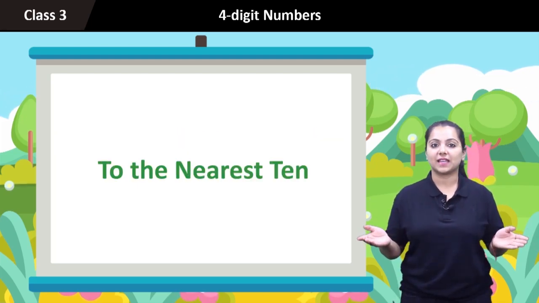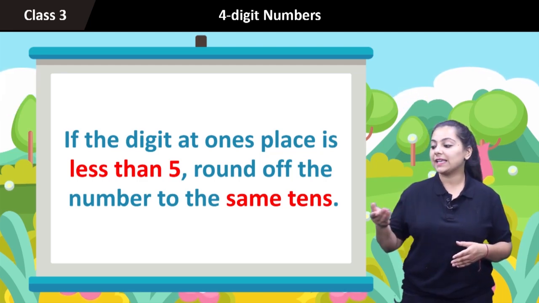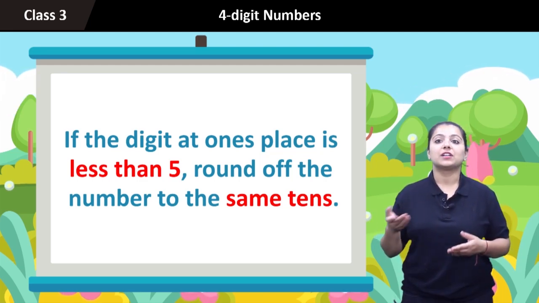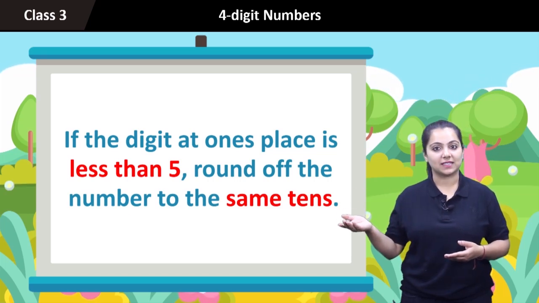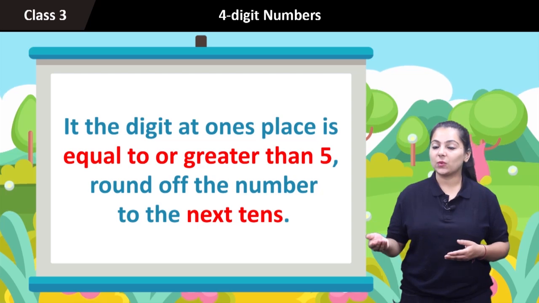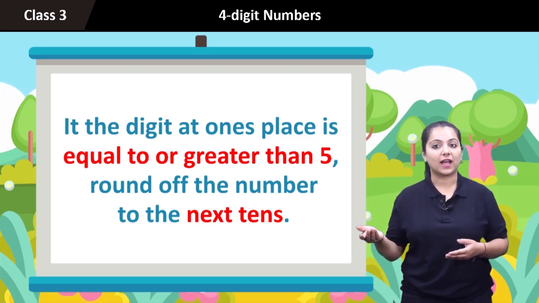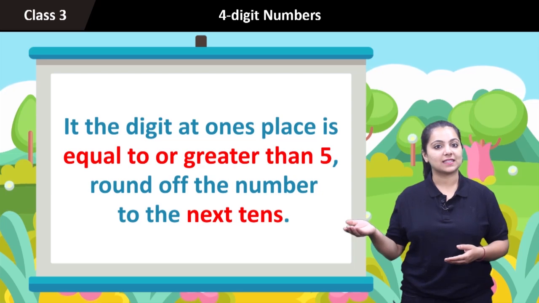To the nearest 10, if the digit at one's place is less than 5, round off the number to the same tens. If the digit at one's place is equal to or greater than 5, round off the number to the next tens.